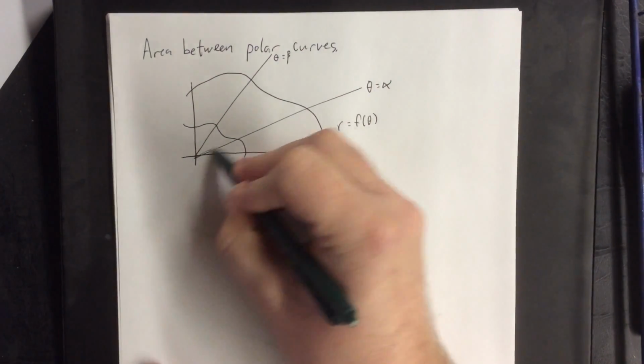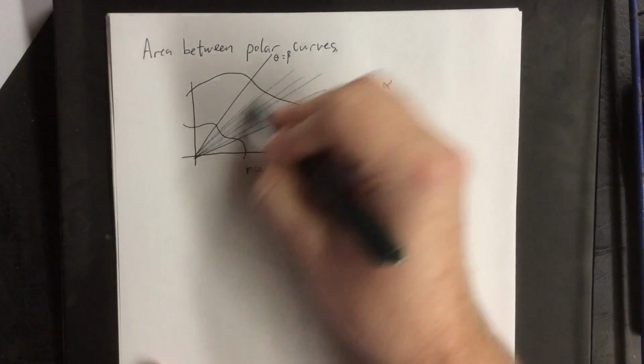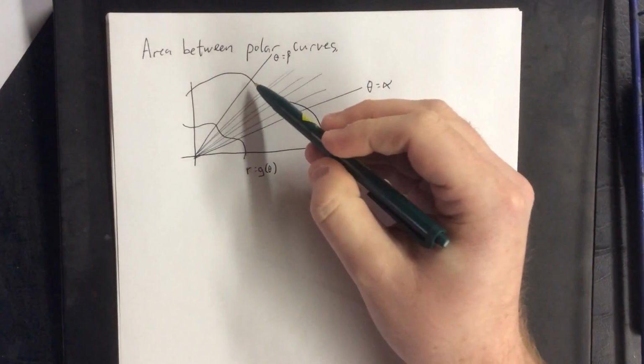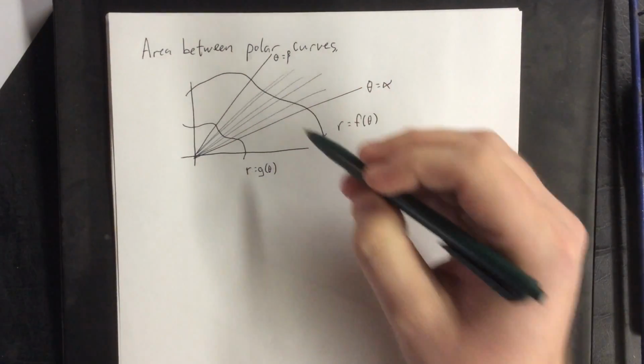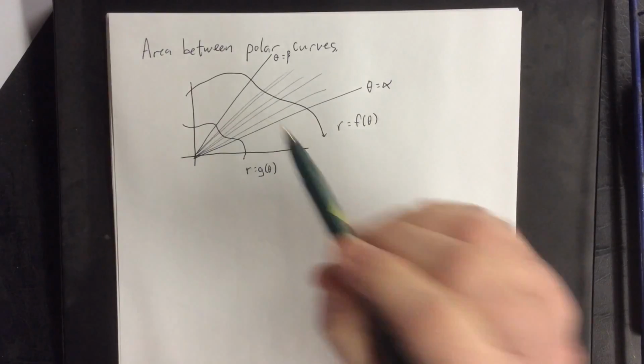Now, if we do the same thing as what we did on the previous example and break this up into a bunch of little tiny subintervals, then the areas in each of these subintervals can be approximated as a large sector minus a smaller sector.